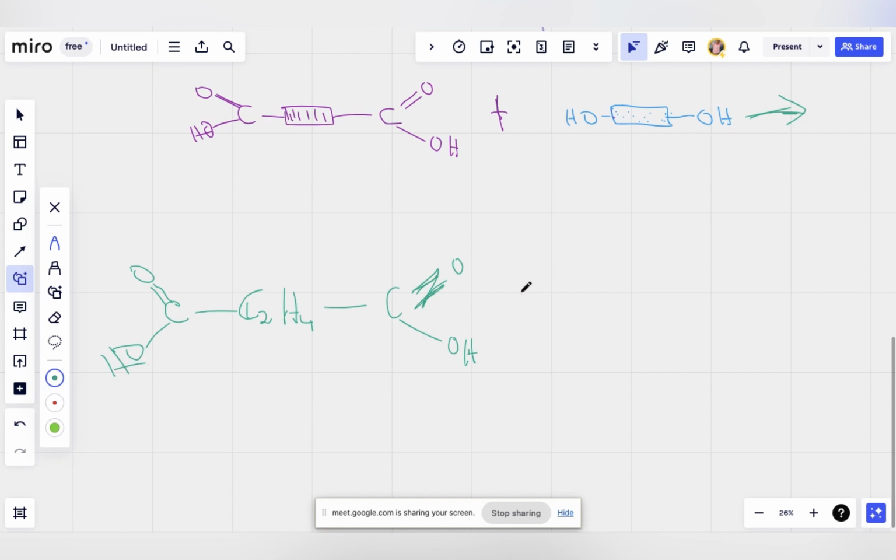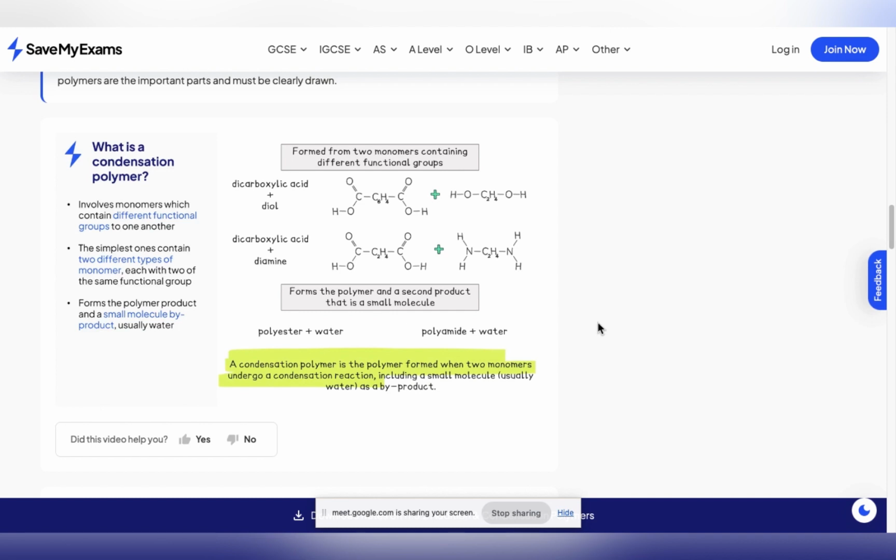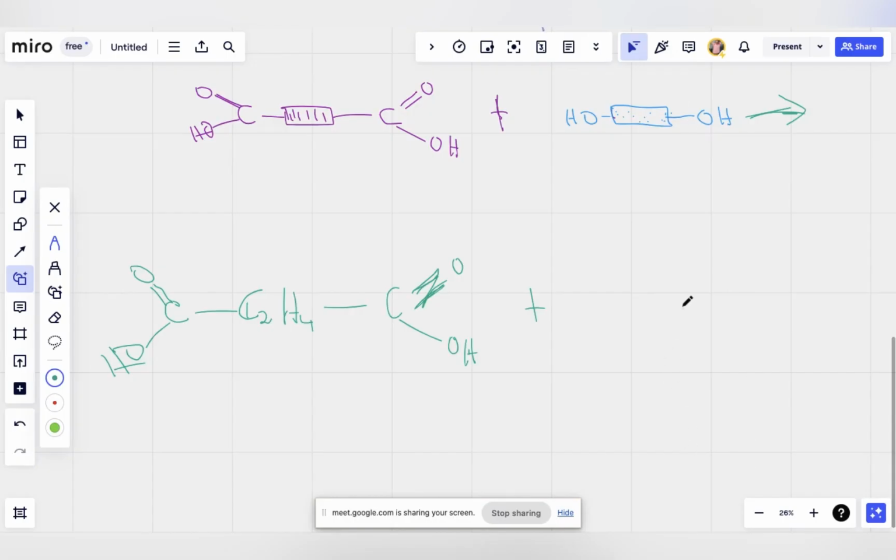Okay, this reacts with an amine group. Okay, and then we will have amine. You have NH2. That's what defines the amine group. So you can have your carbon group, which is your C2H4, and then you have your amine group, NH2.